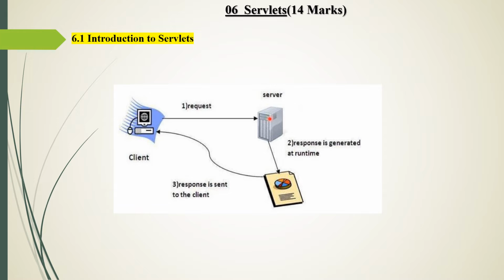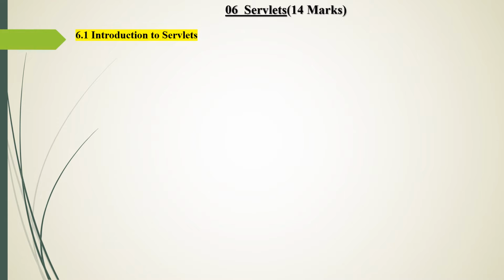Then the server processes that request and generates the response at runtime, and this is server side programming. It sends the response to that request directly to the client. In this phase servlets are used, which communicate between server and client. So this is a simple diagrammatical representation of the working of servlets.